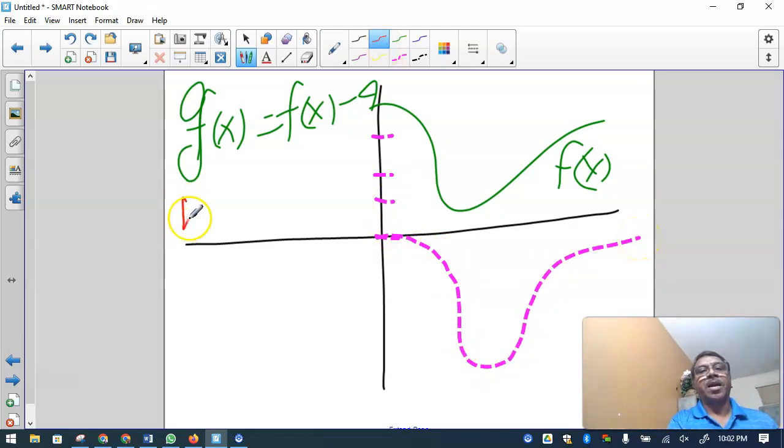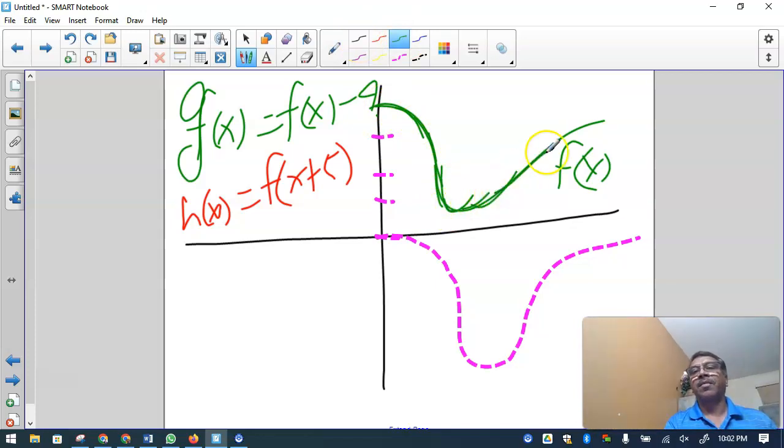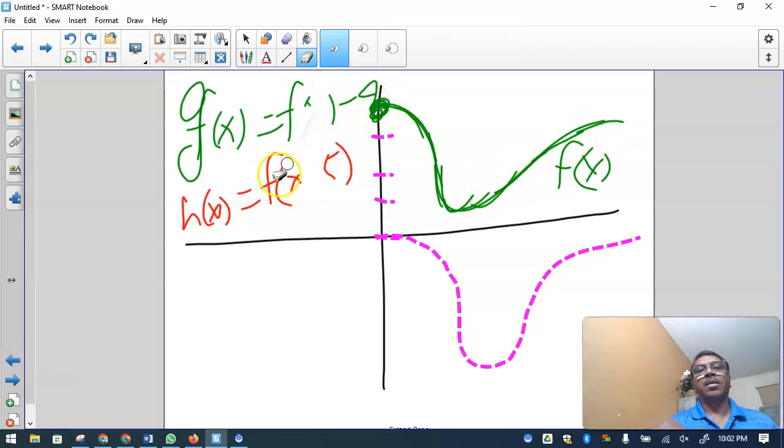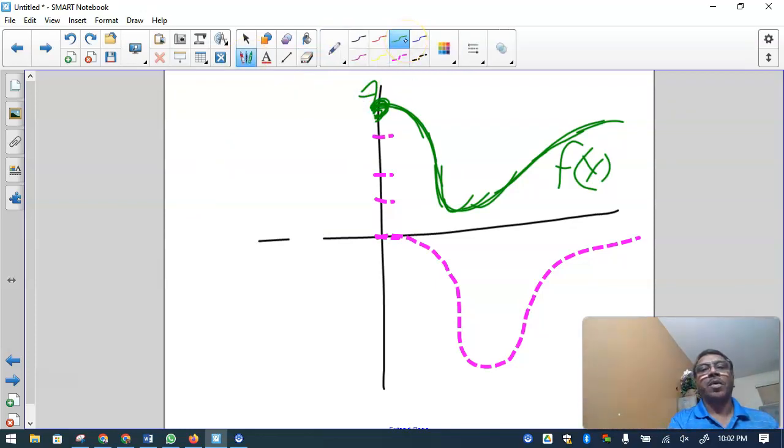But if I write h of x as f of x plus 5, let's see. That means the whole graph, the green graph, everything goes to the left side. If this is the point, let me write this. This goes 1, 2, 3, and 4. That point goes this way.